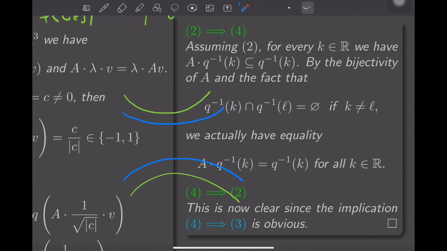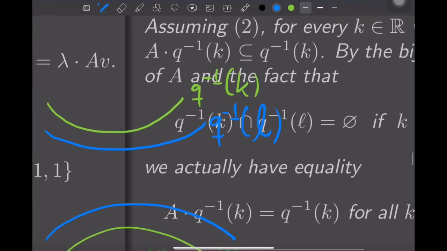So let's see. This would be Q inverse of K, and then let's say that this is Q inverse of L. I hope it's clear enough.